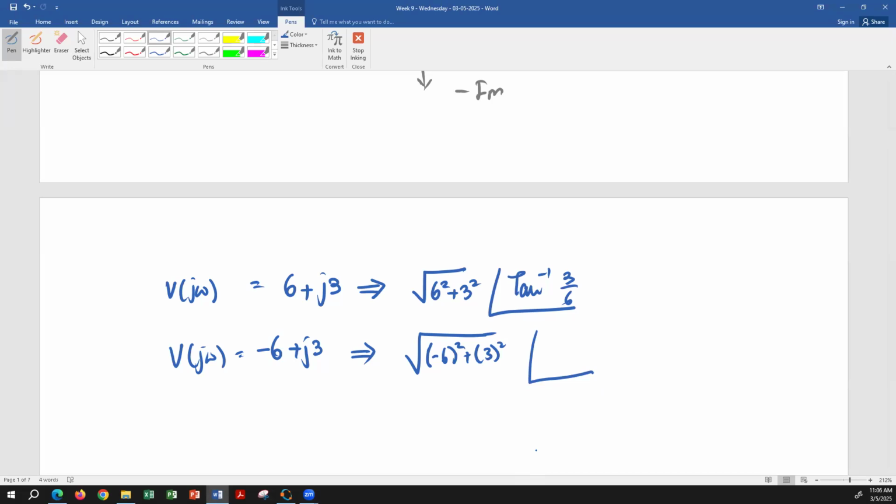Well, it'll still be tangent, but how are you going to calculate it? Okay, so tangent inverse of what? Okay, so calculate what is tangent inverse of negative 3 over 6 in your calculator. And tell me if that will be the correct angle for this point.